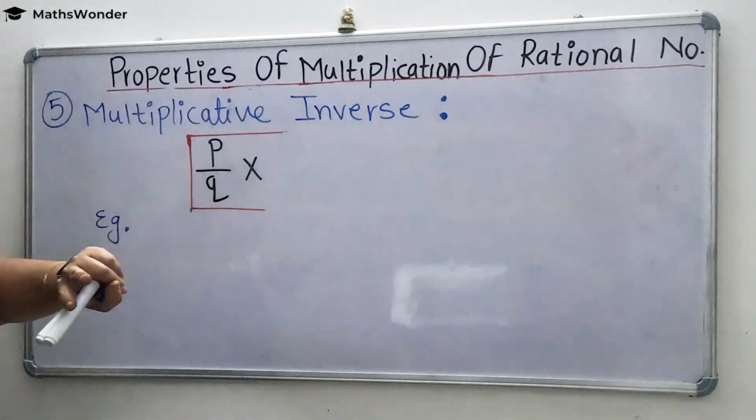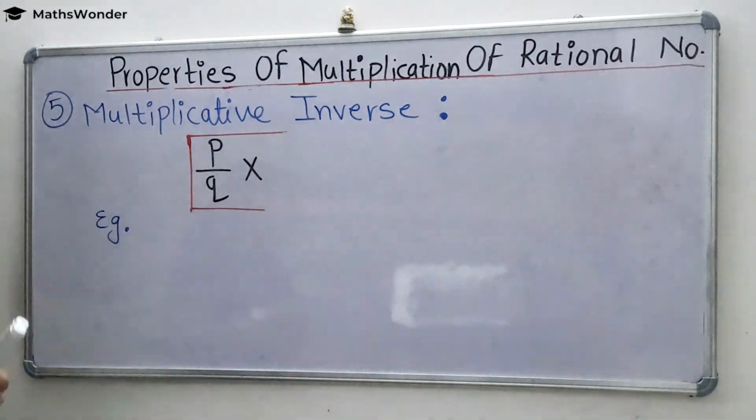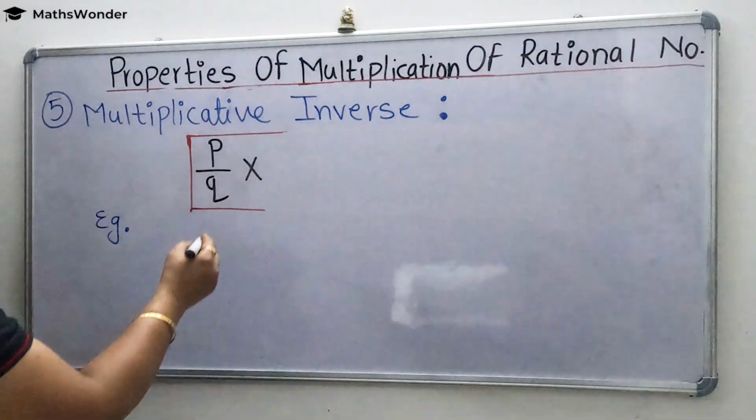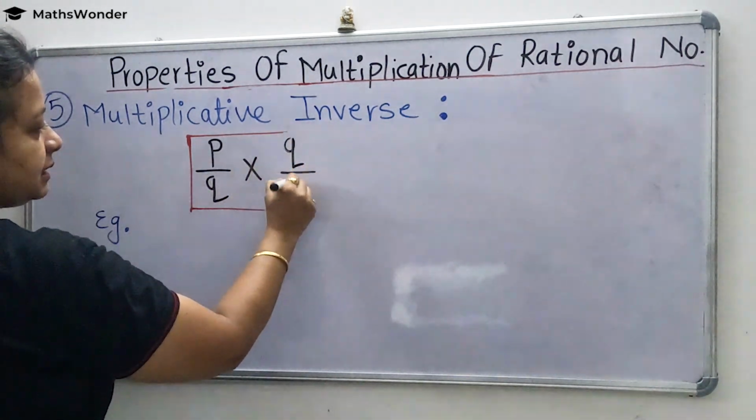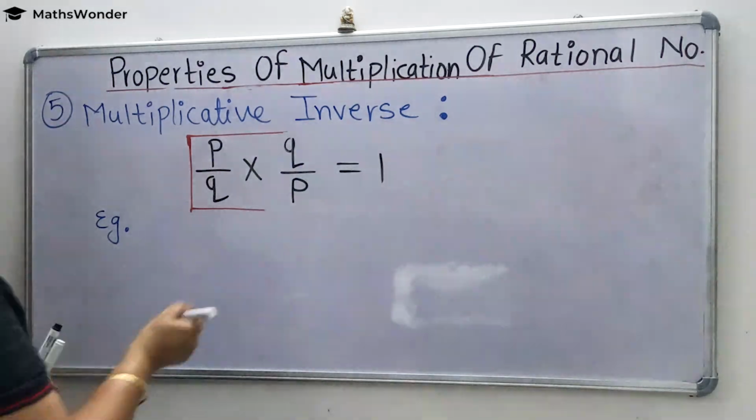So what is the flipping? Like P over Q, we flip it to Q over P, right? This will work in this property. So in this property, for every non-zero rational number, there should not be zero there, if you multiply the rational number with its reciprocal, then we get 1, right?